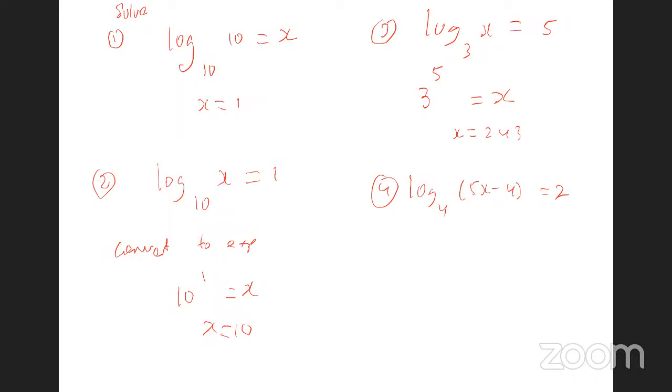When it converts to exponential form, that'll be 4 to the power 2 is equal to 5x minus 4. This is 8. This is still 5x minus 4. Bring everything on one side. I'll leave the 5x where it is, carrying across the 4. Oh, wait, that's 16. I made a mistake. Yeah, thanks, Sahara.